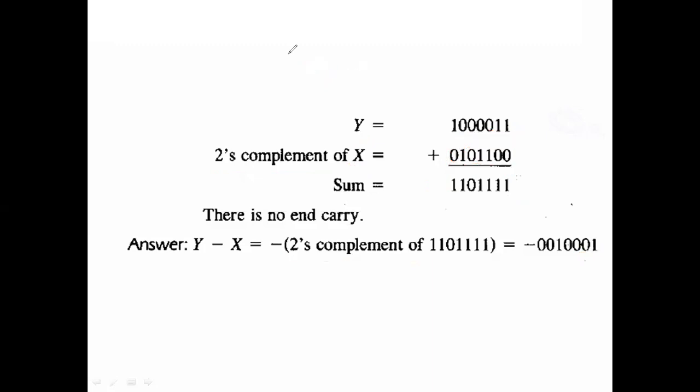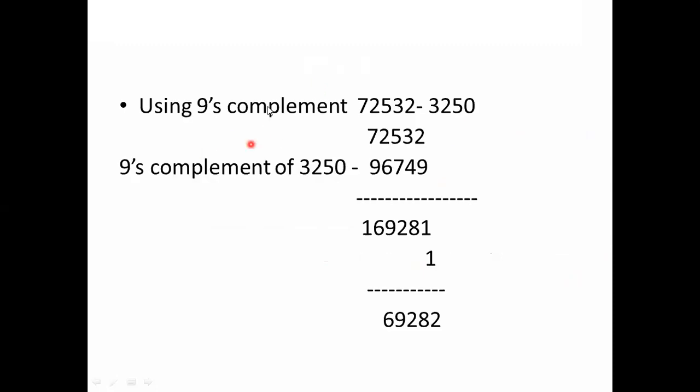So now, how to subtract by using 9's complement and 10's complement. By using 9's complement, here we are taking the example as 72,005. 9's complement and 10's complement are used in which number system? Decimal number system.